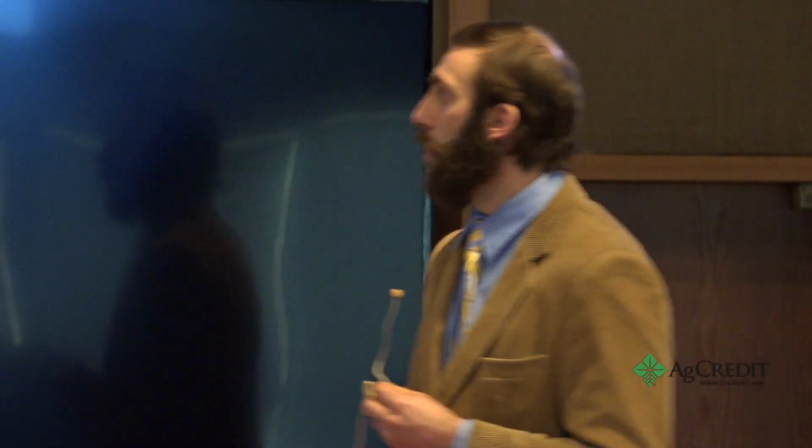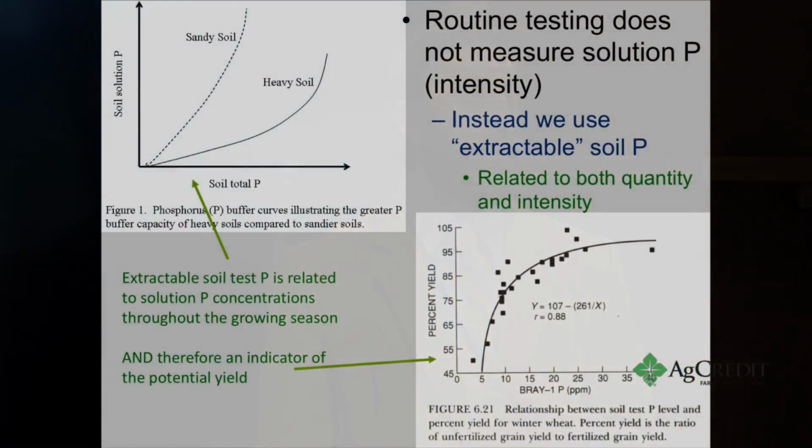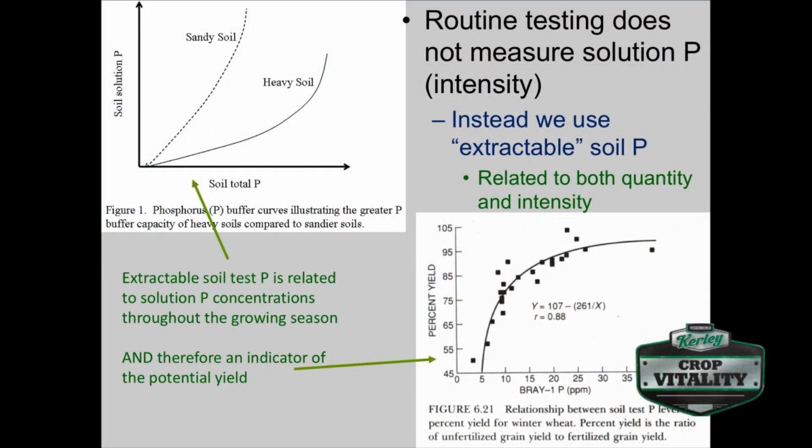And they work fairly well for that, but they can be more precise. Or, a better way to put it, we can use them better. We can use them more wisely. Because it's an indicator of that, we get a good correlation between your soil test P and yield.